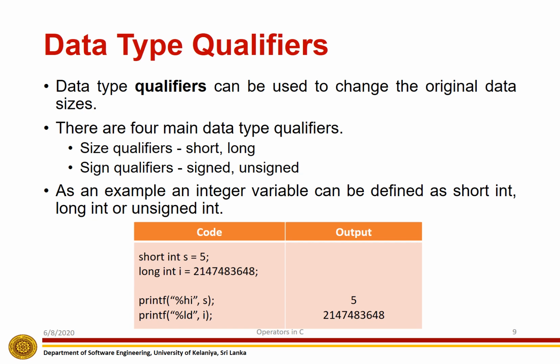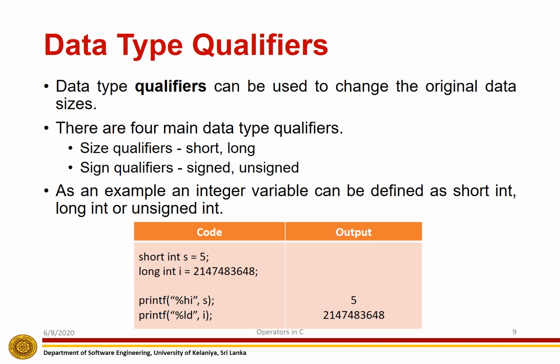As an example, an integer variable can be defined as short int, long int or unsigned int. Here I have assigned the value 5 for short int variable s and a very large value for long int variable l. For printing those two, there are format specifiers for short int %hi and for long int %ld.